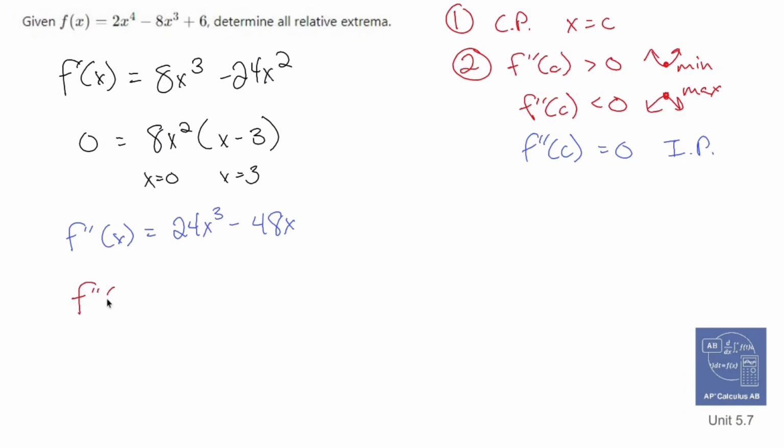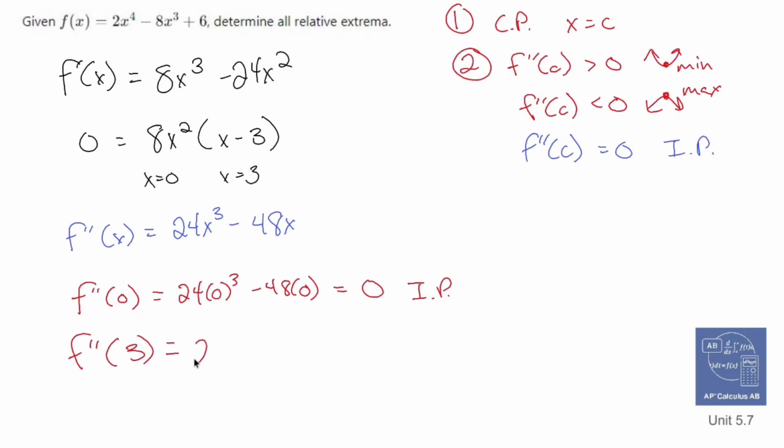So f double prime of 0 is going to be 24 times 0 cubed. Remember a second ago how I said that we'll see if we have to worry about it? Well, guess what we just got? We just got an inflection point, which is not a type of extrema. So 0 ain't it. F double prime of 3 is going to be 24 times 3 cubed minus 48 times 3.